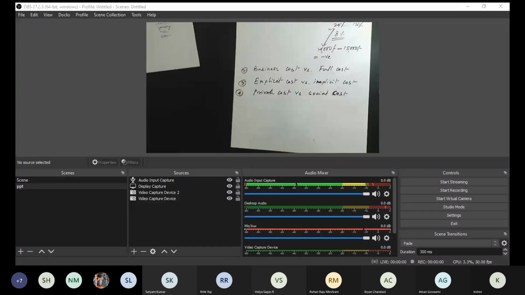Private cost means these are the costs which you are incurring in your business. Suppose this room is my production unit where I am producing this pen. Whatever cost I am incurring in the production process, that is my private cost.